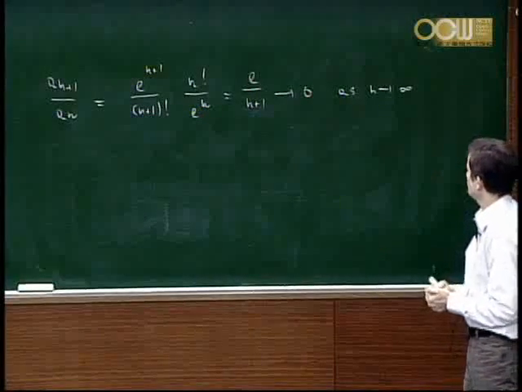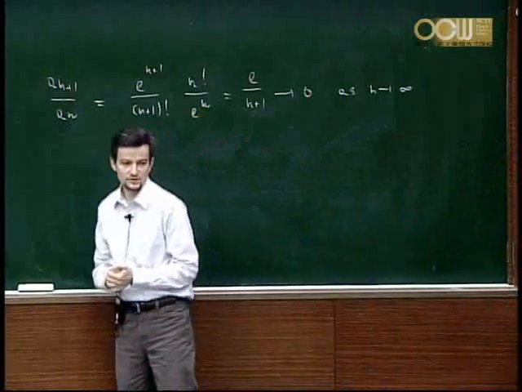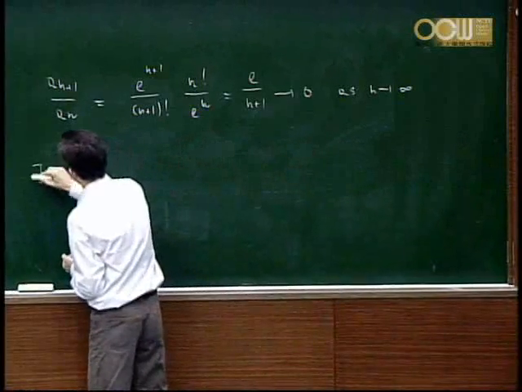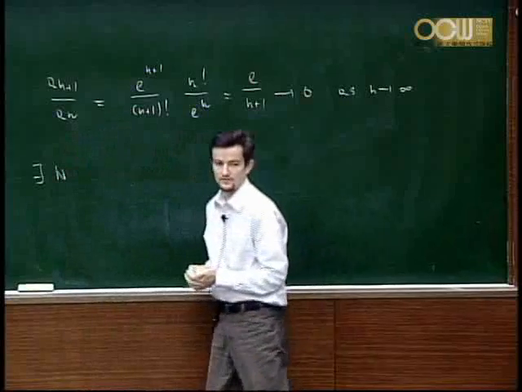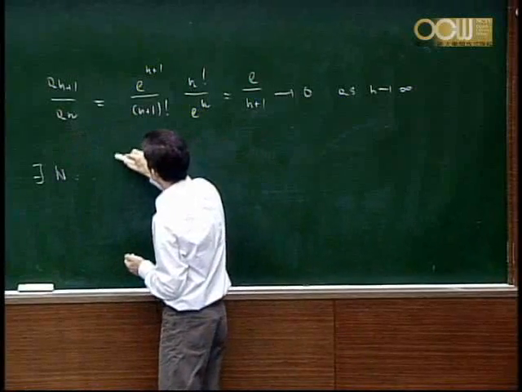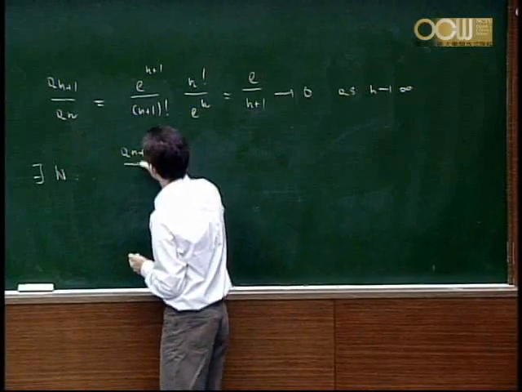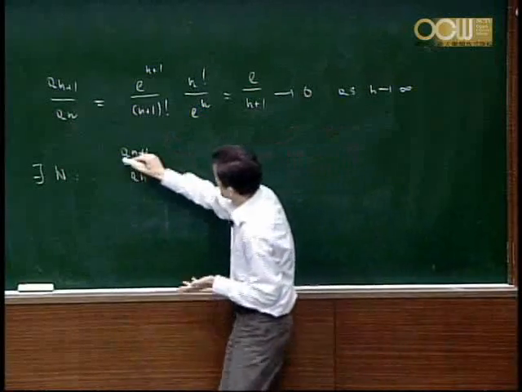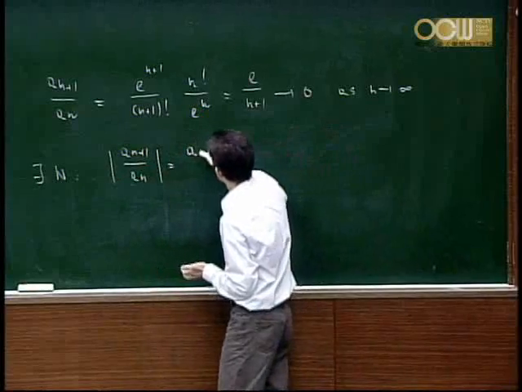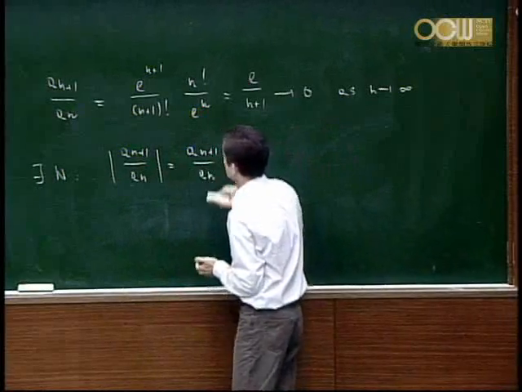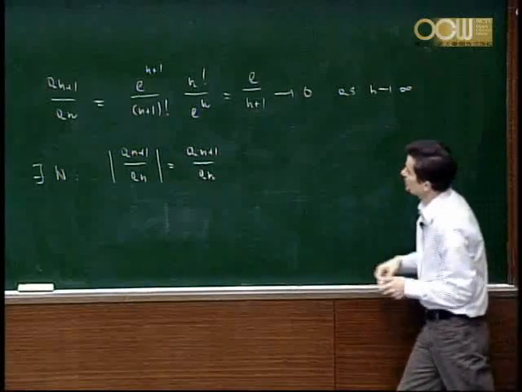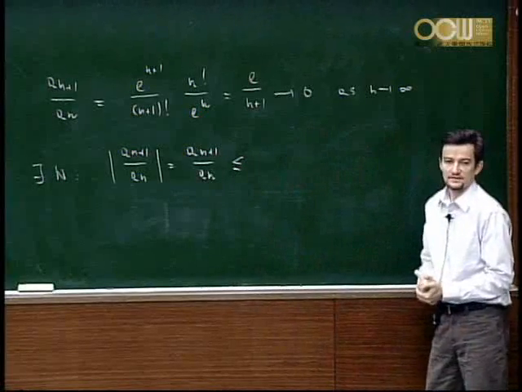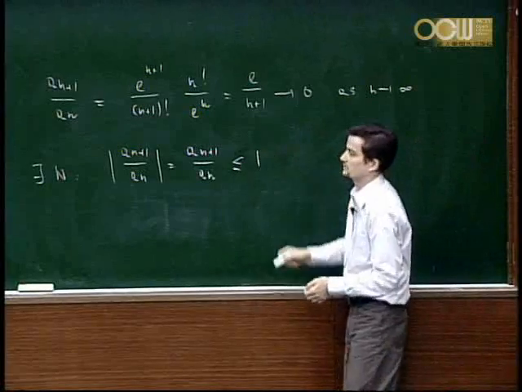Because from the limit definition, this means that there exists an index N such that this ratio here, I do not have to write absolute values because the terms are all positive, will be smaller or equal than any epsilon as n is getting large. So for instance, I can choose 1.